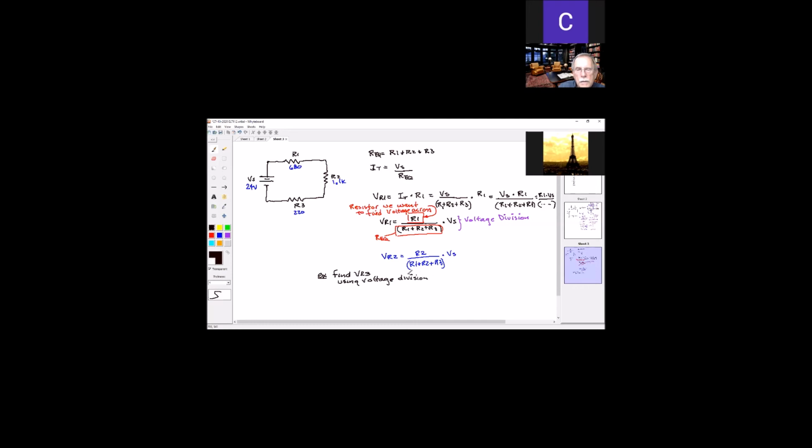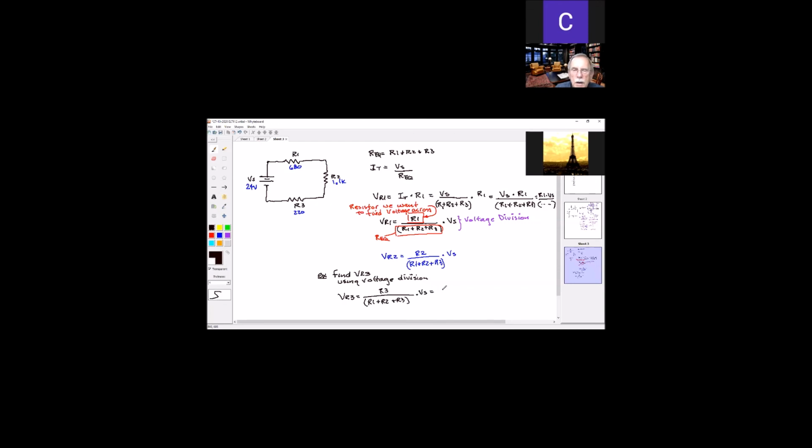Let's say we want to find V sub R3 using voltage division. We'd say V sub R3, the resistor we want to find the voltage across, R3, divided by the sum of the resistors in series. Now, obviously, if you had 4 resistors in series, you wouldn't stop at 3. It would be R1 plus R2 plus R3 plus R4. So for whatever number you've got in series, that total goes in the denominator. So in this case, we only have 3. And we're going to multiply that times Vs.